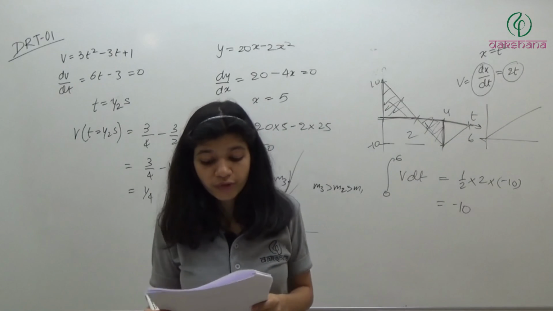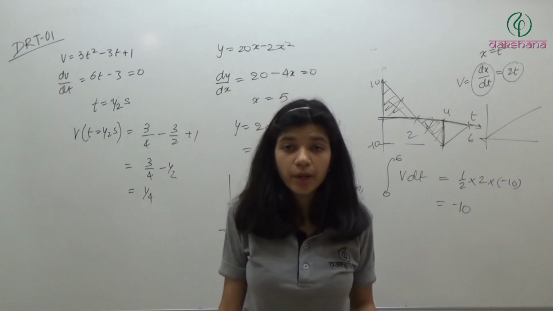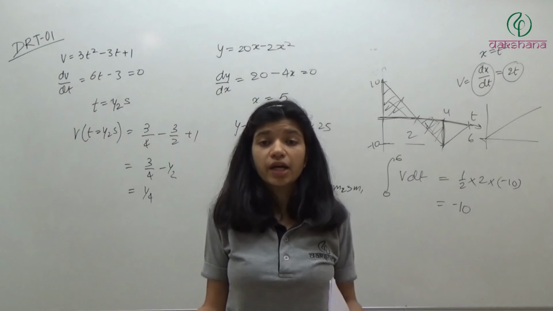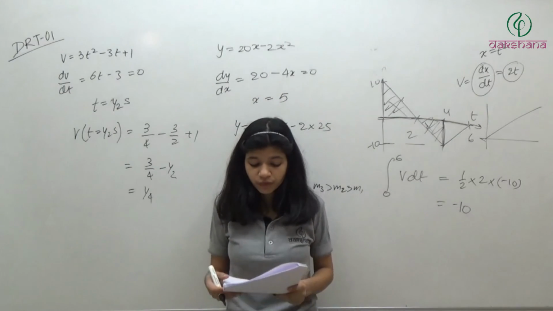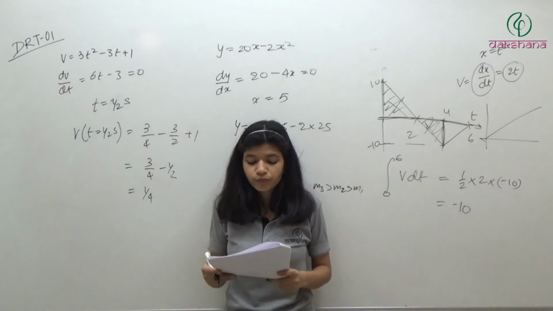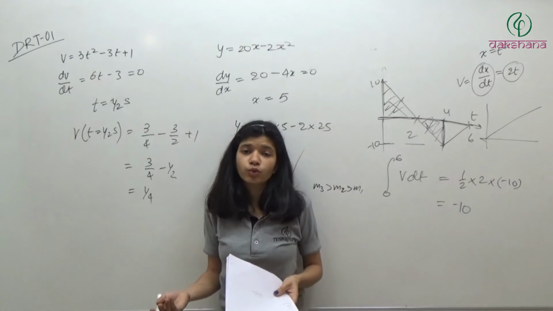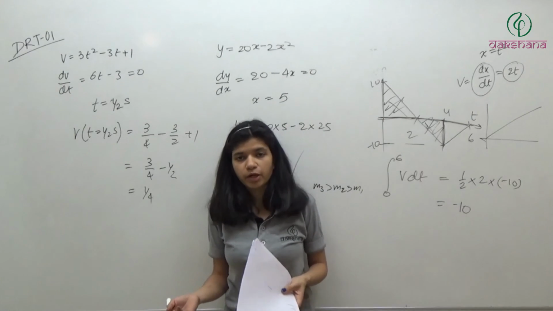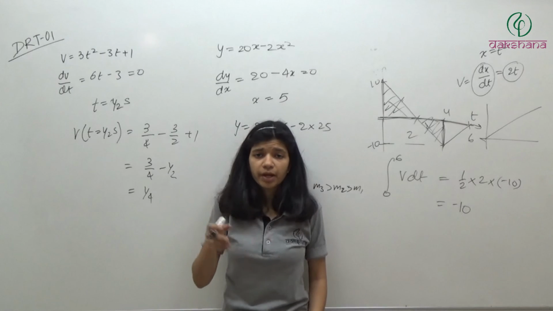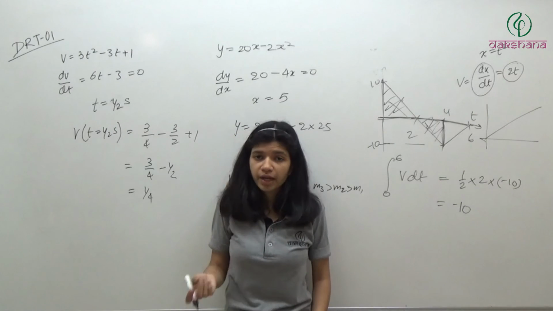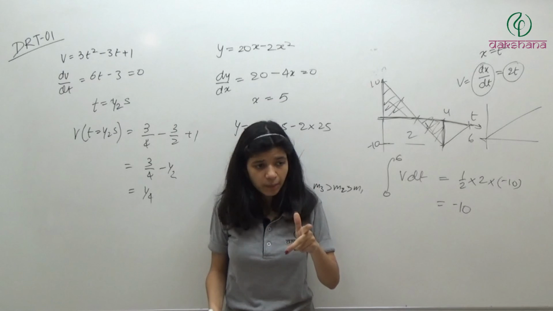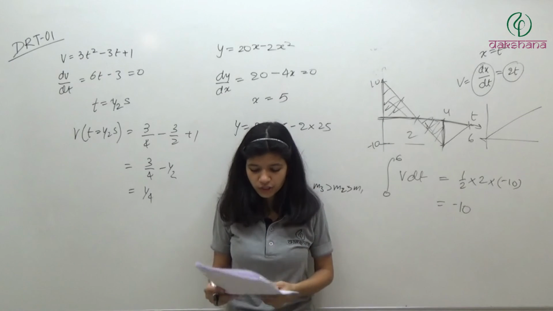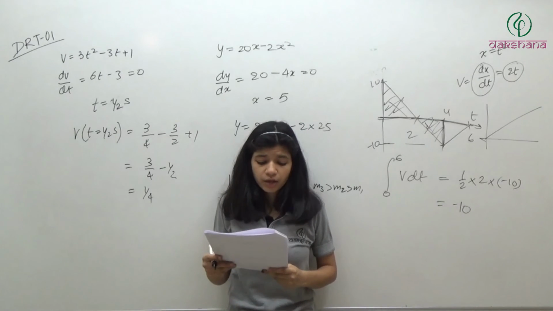Question number 42. Find the value of sine 13 pi by 2. Any angle which is an odd multiple of pi by 2, like pi by 2, 3 pi by 2, 5 pi by 2, 7 pi by 2. So 3 pi by 2, 7 pi by 2 will have the value -1, and pi by 2, then 5 pi by 2 will have the value +1.